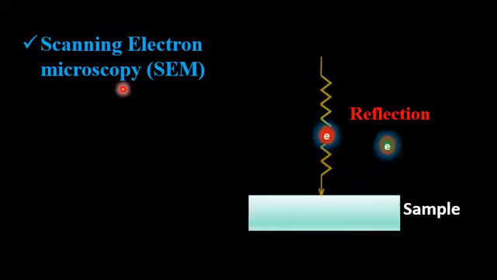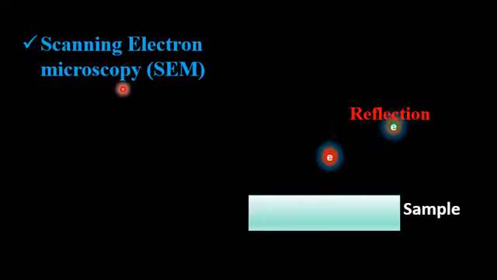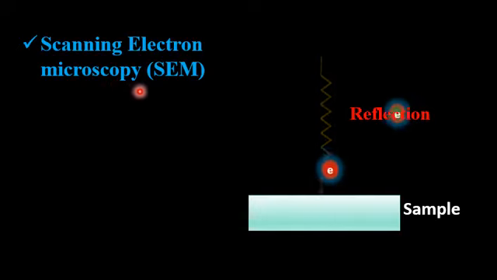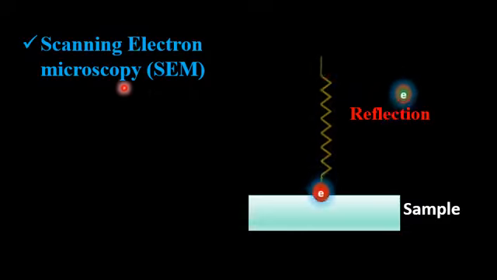You can also do elemental analysis with scanning electron microscopy. All the wealth of information which you get from scanning electron microscopy is based on secondary electron information, and these secondary electrons are produced by a reflection process due to the incidence of an electron beam.